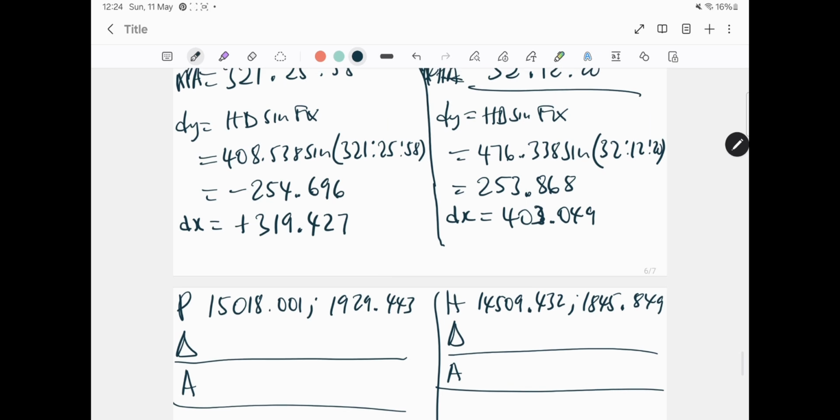So the change from P, the Y, is negative 254.696, the X 319.427, this side 253.868, 403.049. Is it 403? Yeah. Obviously it's positive.